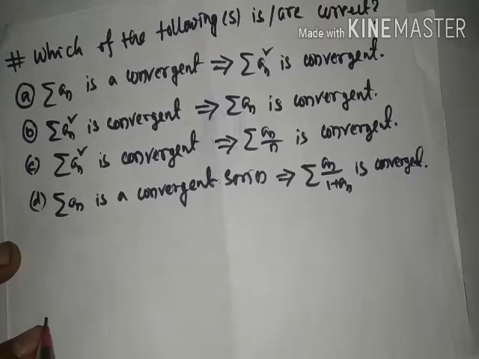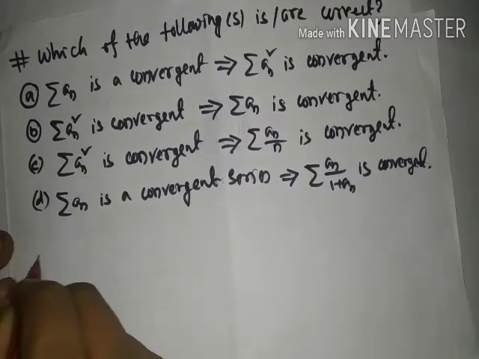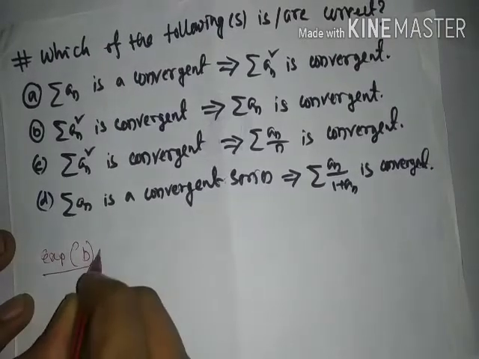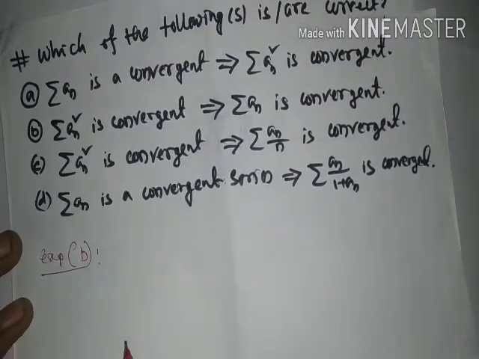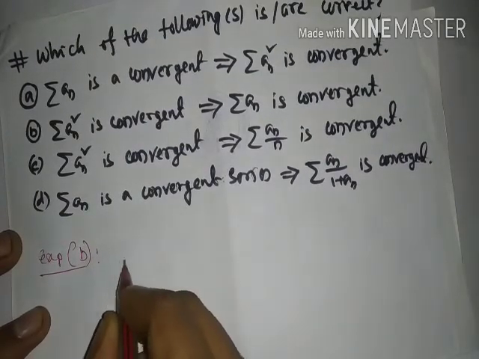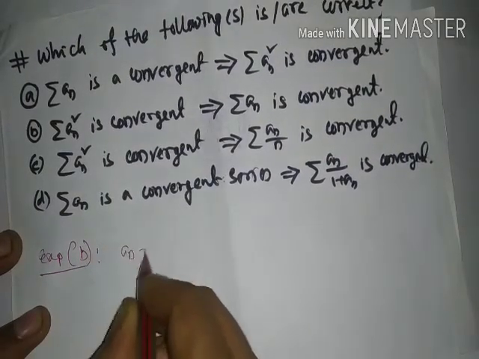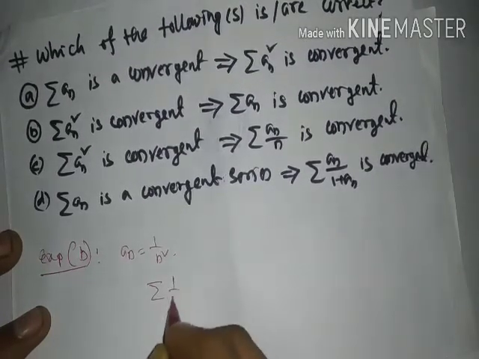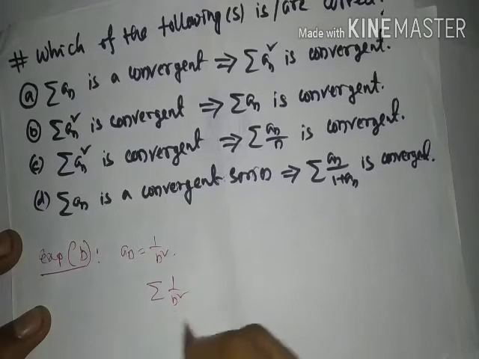First we check option B. Explanation of option B. Actually, this option is incorrect. Why is this option incorrect? If we take a_n equal to 1 by n square, clearly this series 1 by n square is convergent.